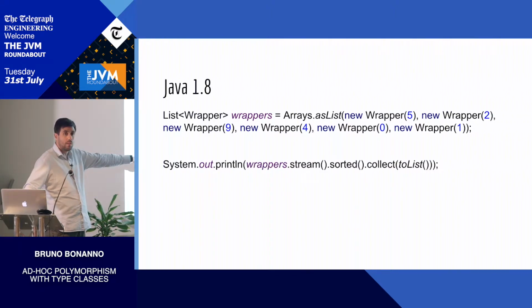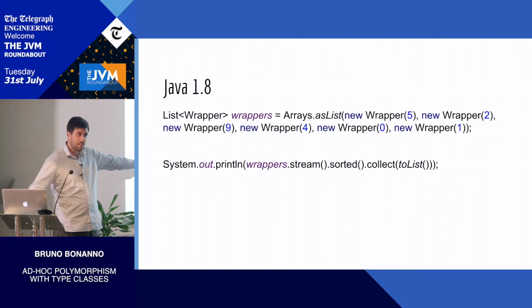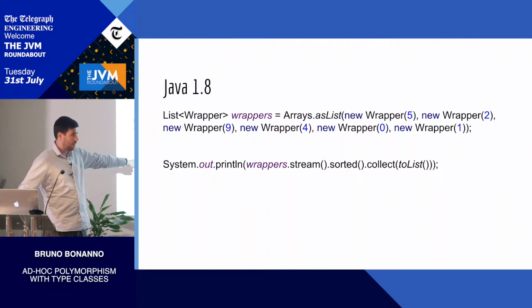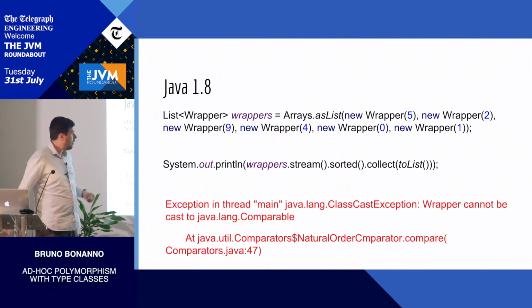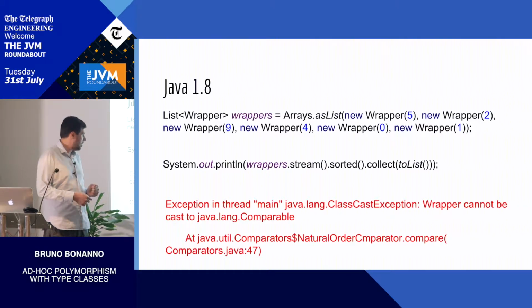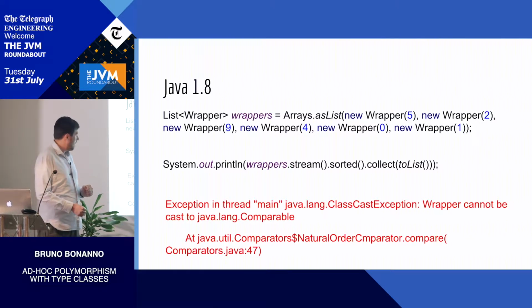What is going to happen? First of all, why doesn't it work? Private field access, and if they implement a comparator, they can't access the field. Isn't it just going to print out object? It's going to have a nice class cast exception, because it's going to tell me, I tried to sort this, but it's not comparable.